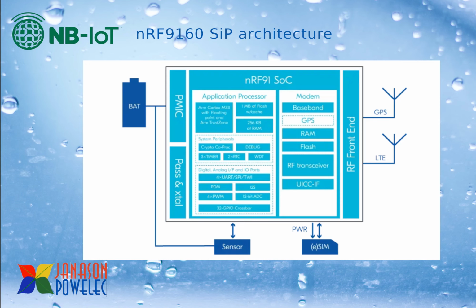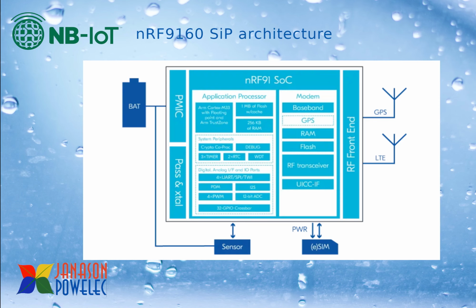nRF9160 SiP architecture. This SiP is powered by a battery, and then you can connect various sensors to the SiP. You can connect a SIM card also, and then you need two antennas, one for GPS and one for LTE.